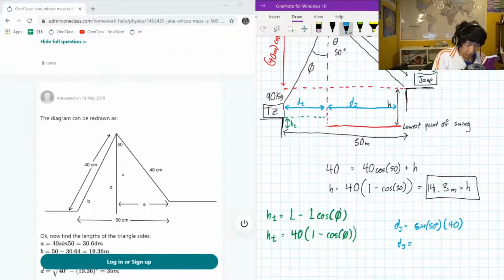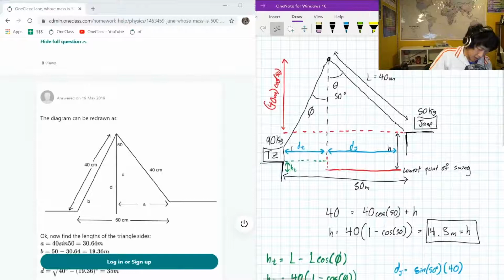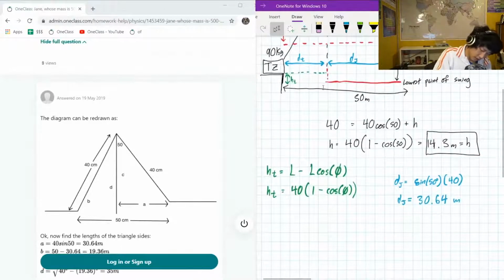Sine 50 times 40 is 30.64 meters. Okay, and dt, the distance between Tarzan and the lowest point, is going to be sine phi times 40.